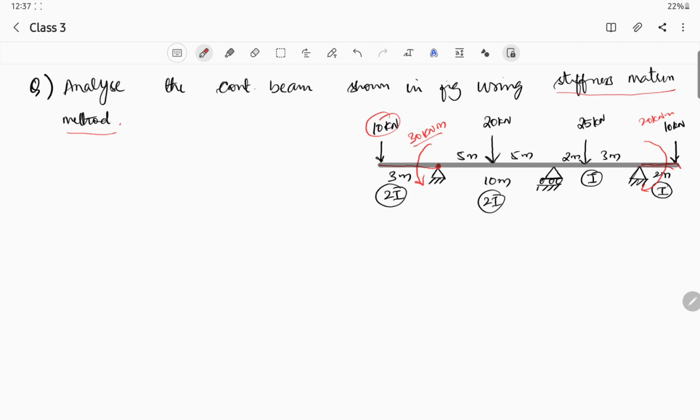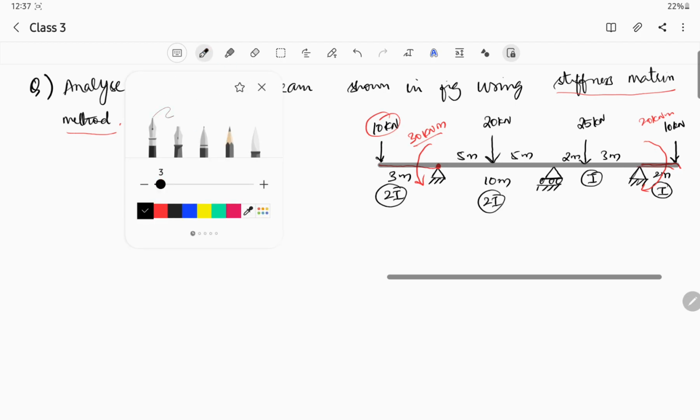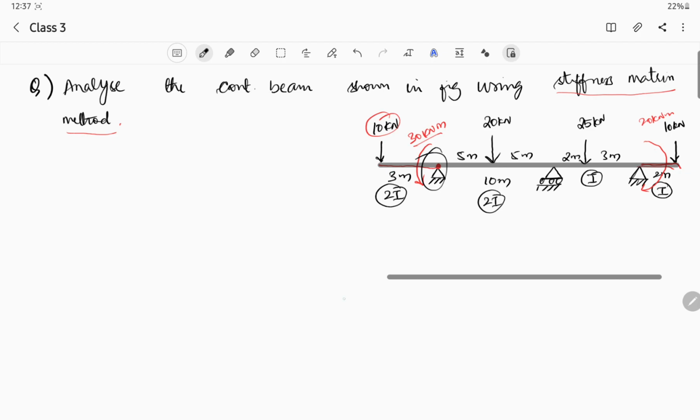So what I will do here for this particular beam, I will try to draw another beam. You can see carefully what I am doing here: I am drawing another beam wherein I'll start from this part, particularly this part.